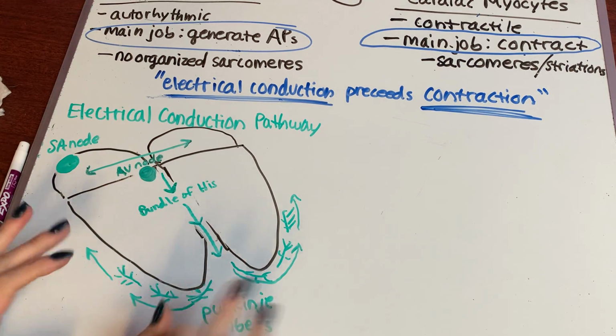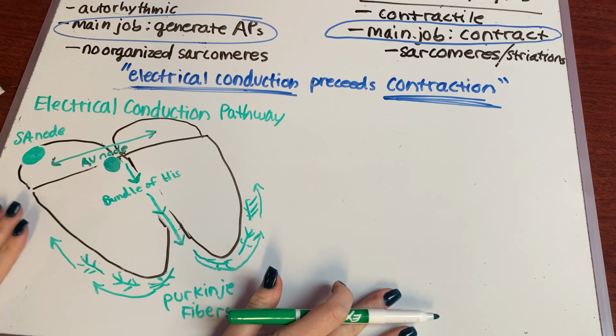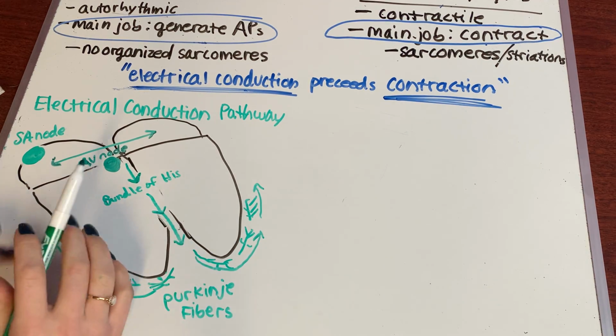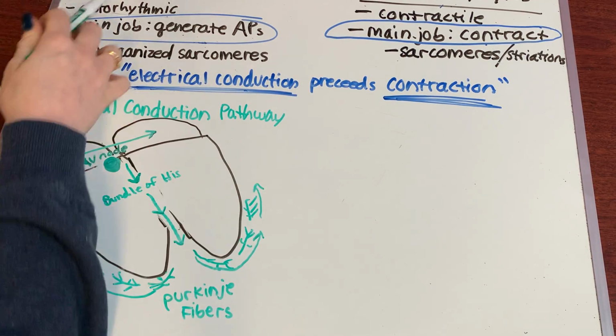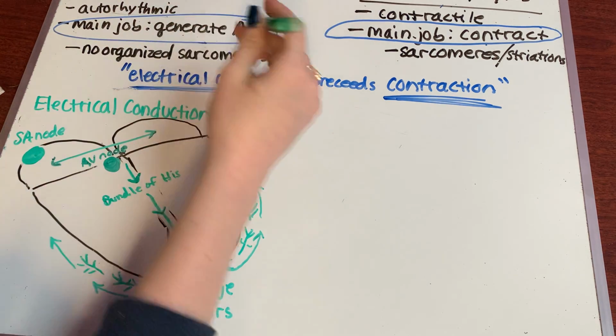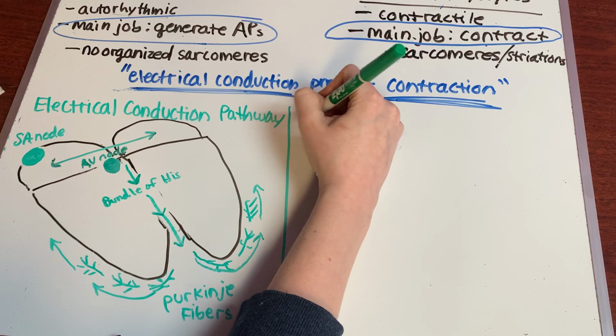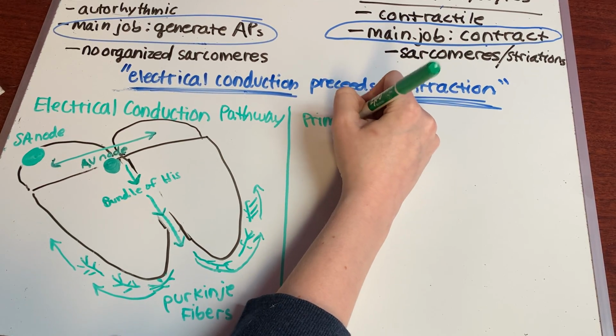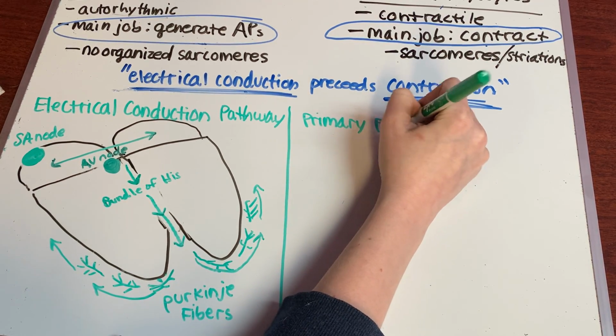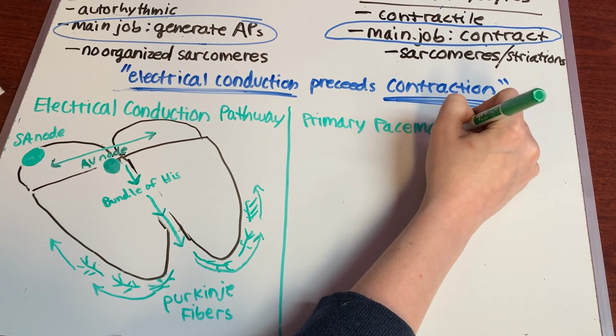And now I want to talk about primary versus secondary pacemakers, because we do have two types of these pacemaker cells. So primary pacemaker. Our primary pacemaker is going to be the SA node.